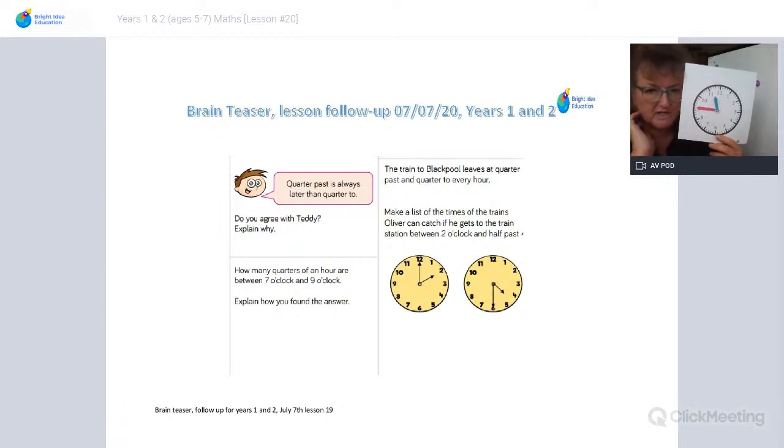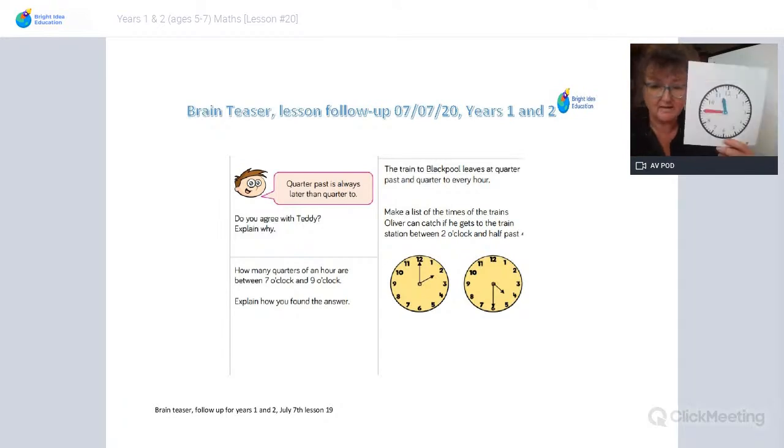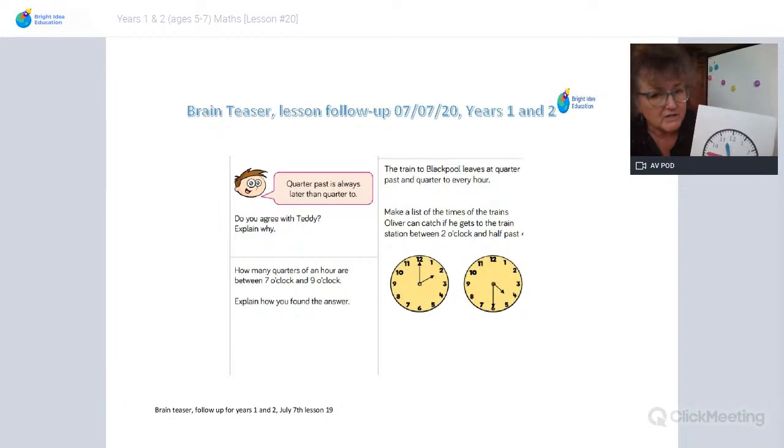So if the hour we're talking about is the same, quarter to is later than quarter past. But if time carries on after 11:15, then it goes on to quarter past the next hour. So Teddy's right if we're talking about the same hour, but not right if time is continuing to travel.